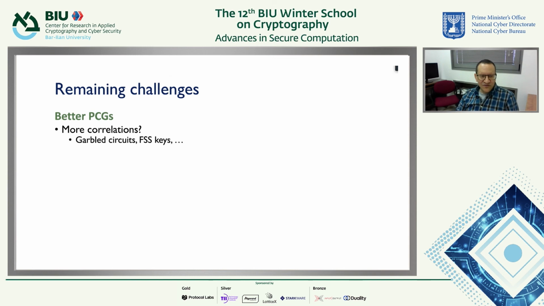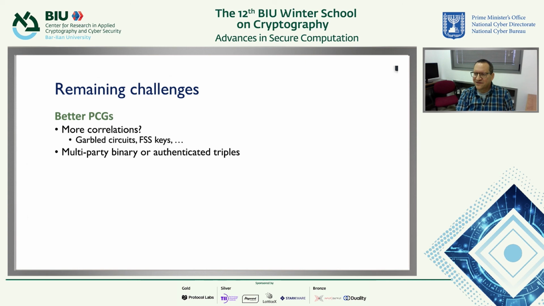We don't know how to generate garbled circuit correlations. Another amazing thing: if we could compress somehow a garbled circuit correlation, this would be almost like FHE. We don't know how to do it, again, without relying on iO. The multi-party case, as I said, we're still behind what we know in the two-party case.